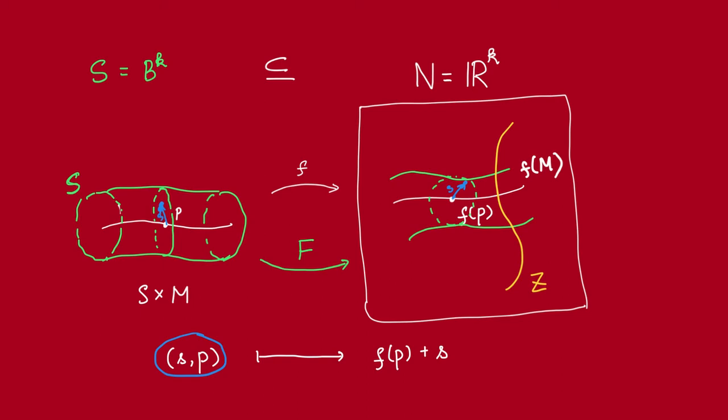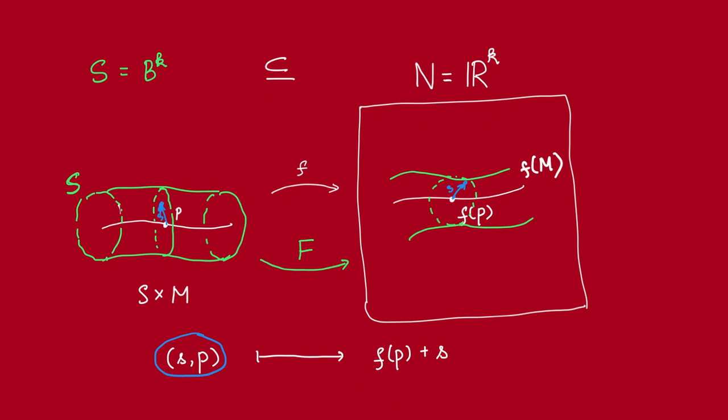Thus, if we take any submanifold Z of N, then at any point in this intersection, we see that the tangent space to the image of the family already generates the full tangent space to N. We don't even need the tangent space to Z. Thus, in conclusion, because this map F is a submersion, it's going to be transversal to every submanifold Z of N. So we see that when N is a Euclidean space, we can easily prove step 1, i.e. we can easily extend this map f to a smooth family that is transversal to any submanifold that we like.